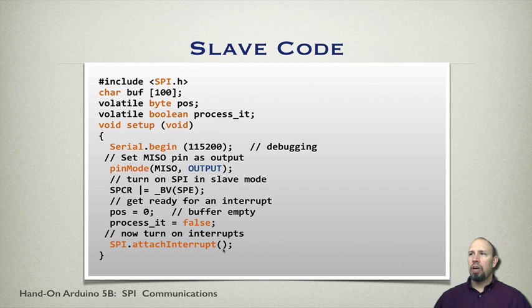SPI attach interrupt is actually used for the slave. We don't actually use this command in the master. So this tells us now I can attach an interrupt. And the interrupt we saw what the vector needed to be, right? The SPI STC vect, we had that we needed to use.